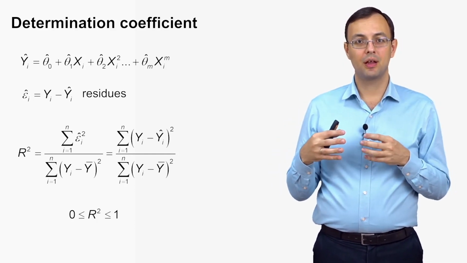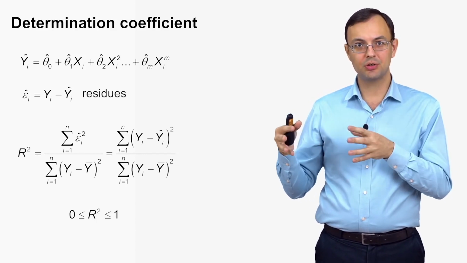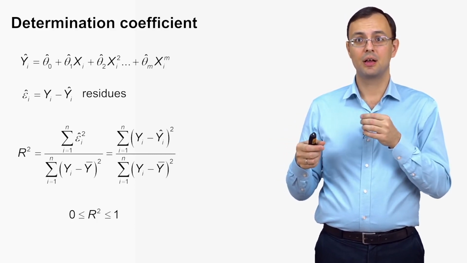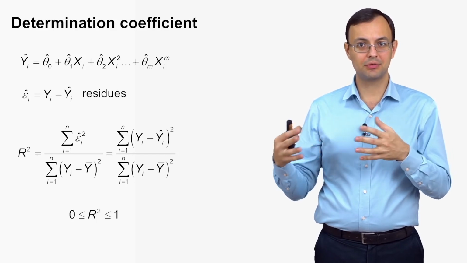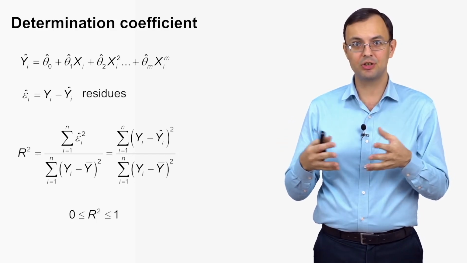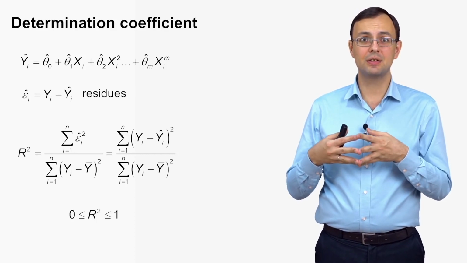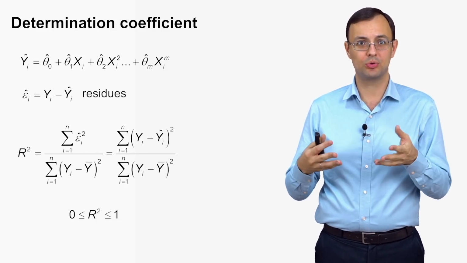So this means that the closer the determination coefficient is to 1, the better. So if you use a regression model, but the determination coefficient is like 0.2, this means that this model explains y very poorly.